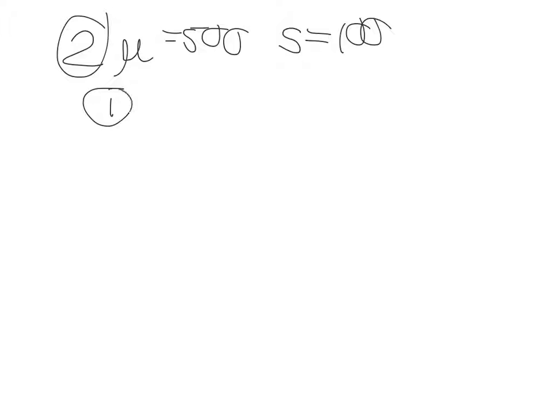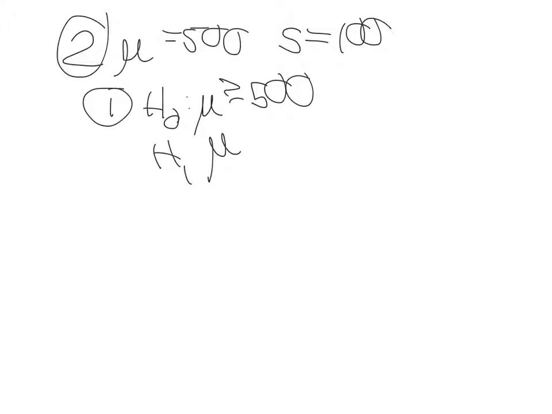All right, so I'm going to have mean mu greater than or equal to 500 versus mean mu less than 500. Okay? You don't care how high it gets, you do care if it's less.